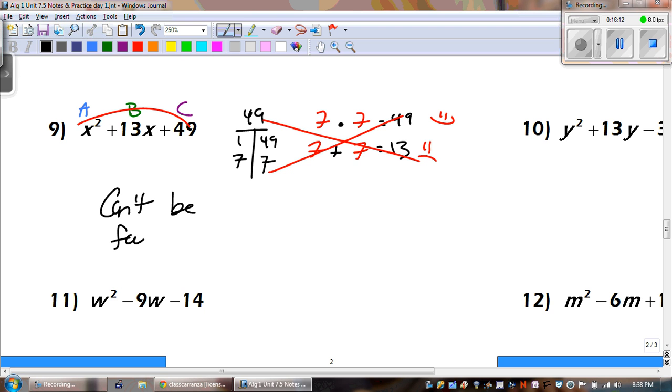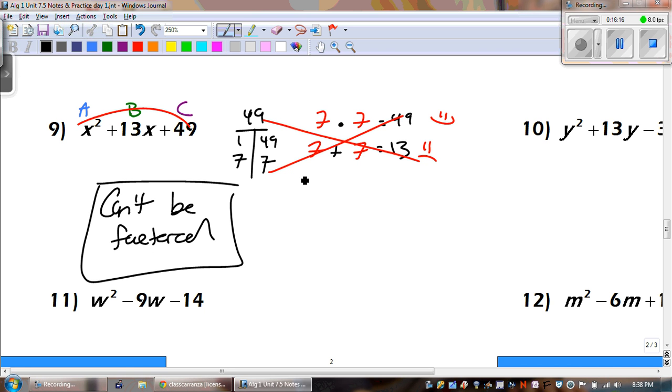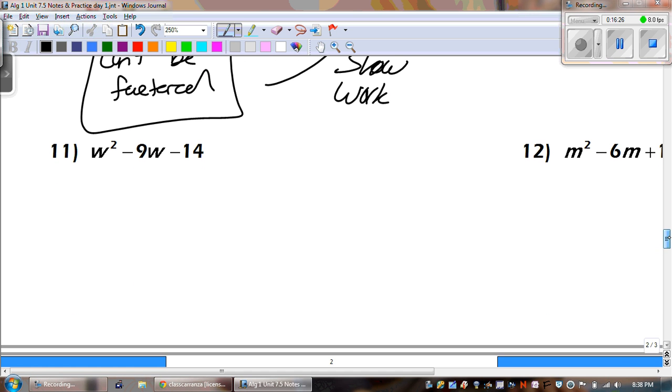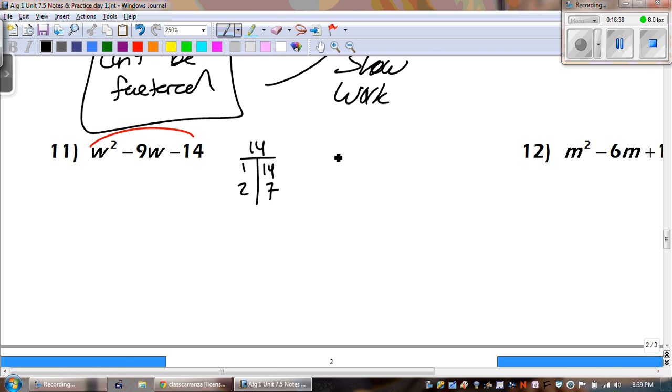So this one can't be factored. Now, you just can't sit there and write can't be factored without showing your work. You need to show work to prove it, okay? Like, let's look at this bottom one. So when we multiply 1 times 14 and get 1 and 14, 2 and 7, and try to find numbers that multiply to get to negative 14 and add to get to negative 9.